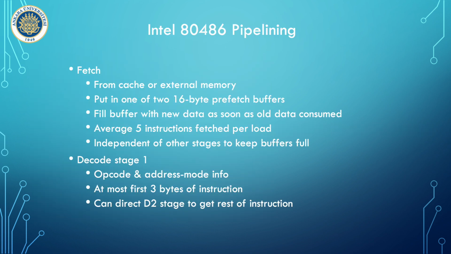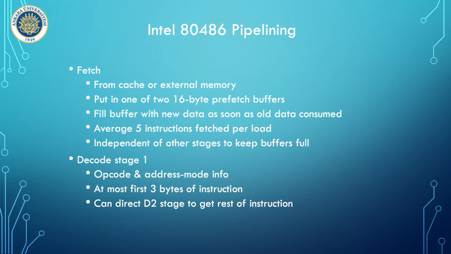The Intel 80486 was an important step in the evolution of x86 processors, introducing a more advanced pipeline. In the fetch stage, instructions are fetched from the cache or external memory into one of two 16-byte prefetch buffers.